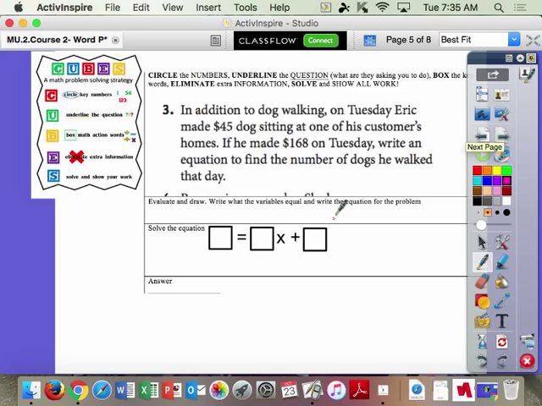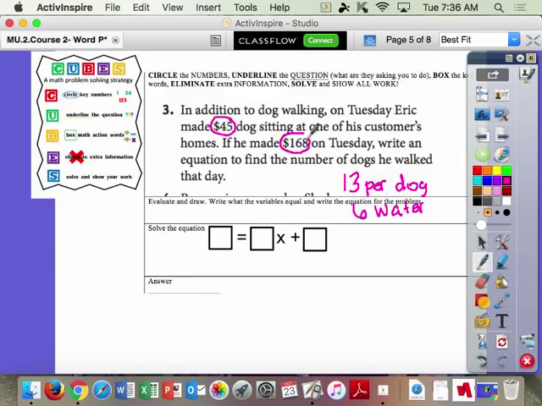In addition to dog walking, so remember from the last problem, he gets $13 per dog. He charges $6 for the water. Okay? And then it says, in this particular instance, in addition to dog walking, on Tuesday, Eric made $45 dog sitting in one of his customers' homes.